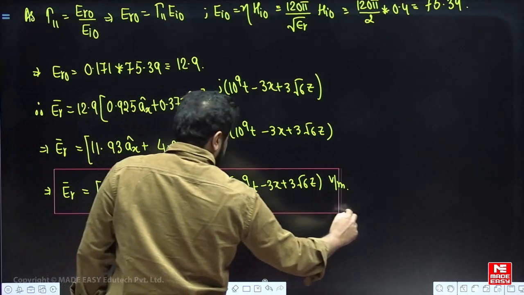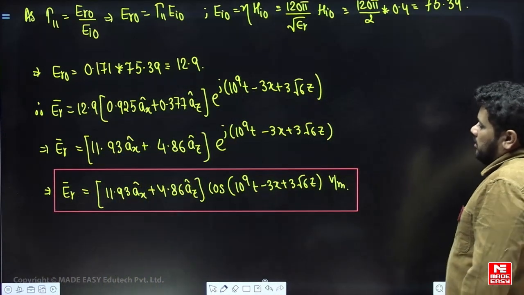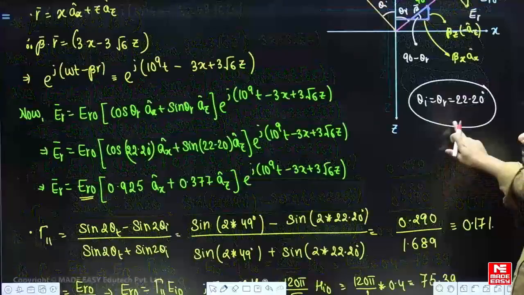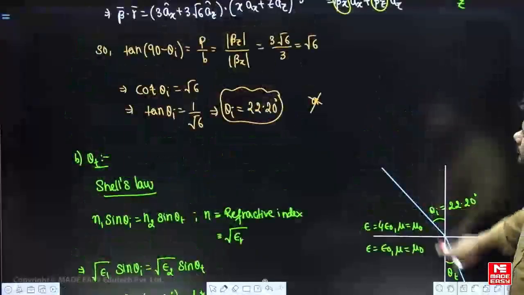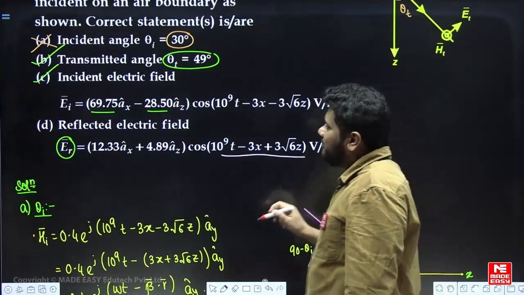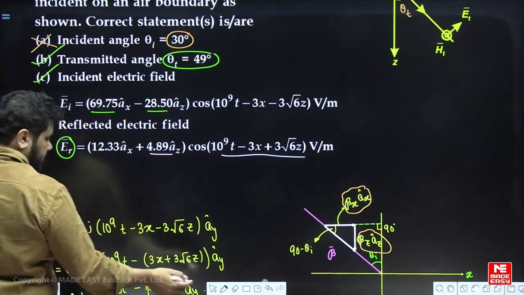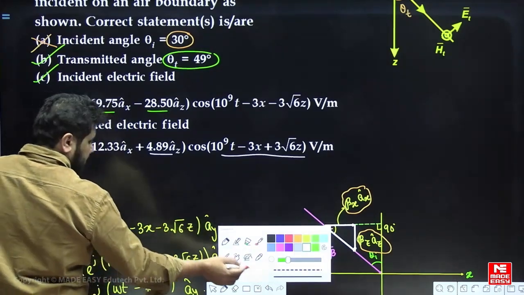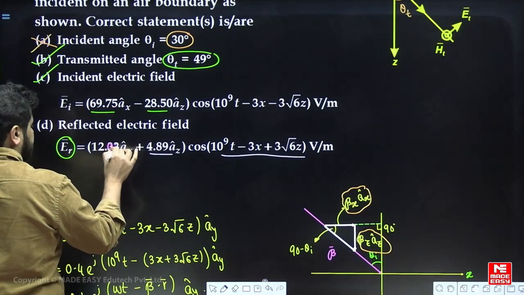Now let us see the options, 11.93 and 4.86. So minus 3, this is matching 11 by 4.86. Okay, 4.86 can be corrected like this. So there is basically very minor difference. So I think we should correct this option to around 12. Let us consider this is 12.00.